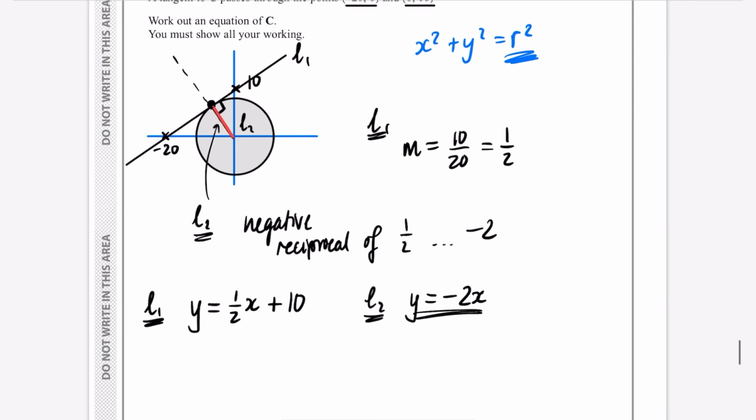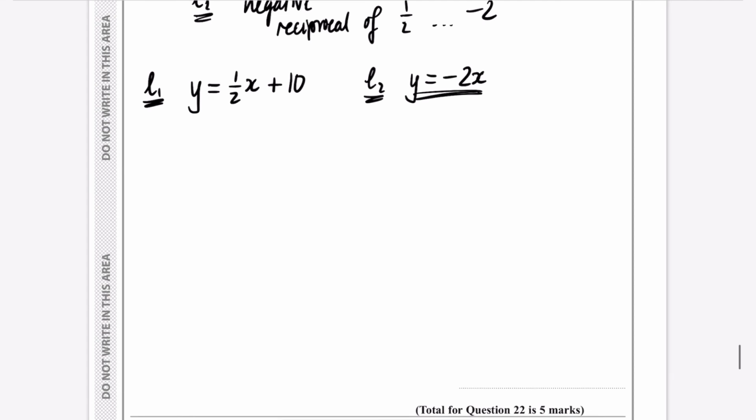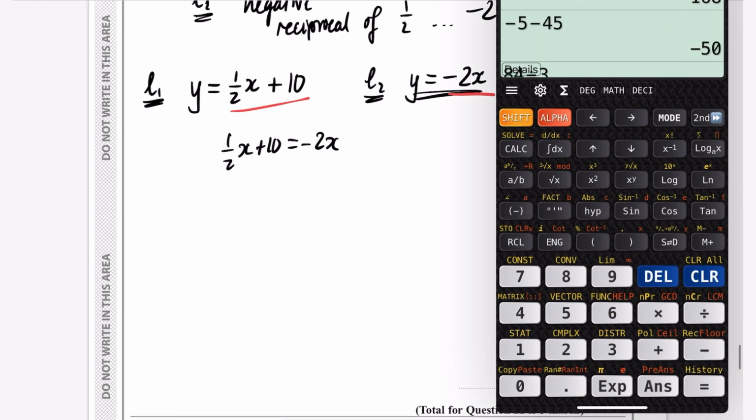Now I'm going to find out where these cross over. So to find out where they cross over, I'm going to solve them simultaneously, which means I can just make this part equal this part. So I get a half x plus 10 equals minus 2x. So I'm going to do the half plus 2, that's 2.5x. And I'll subtract the 10.